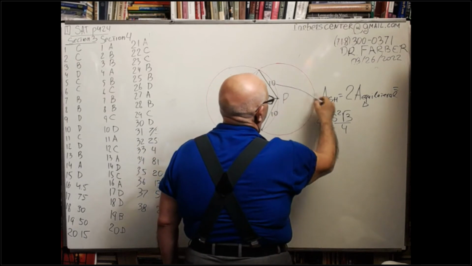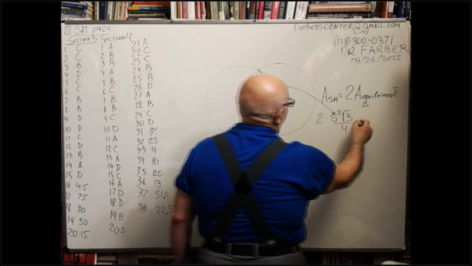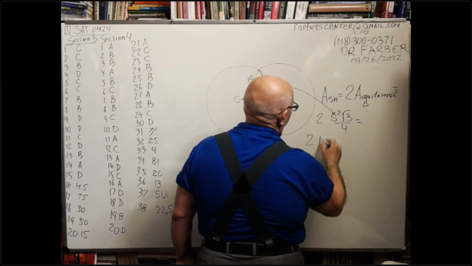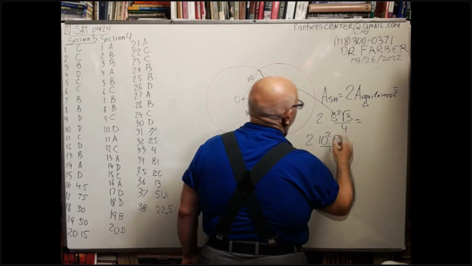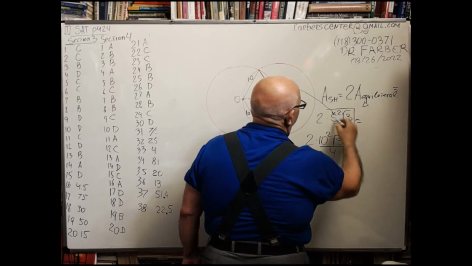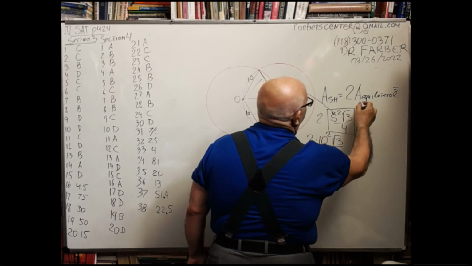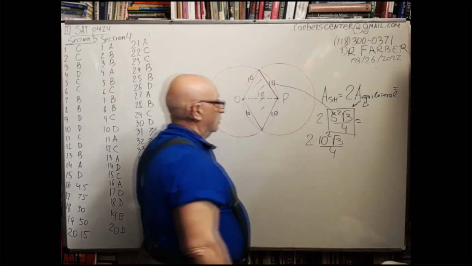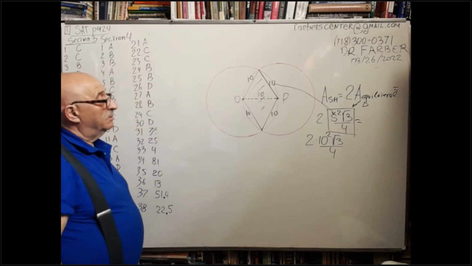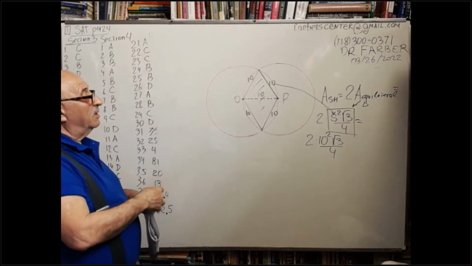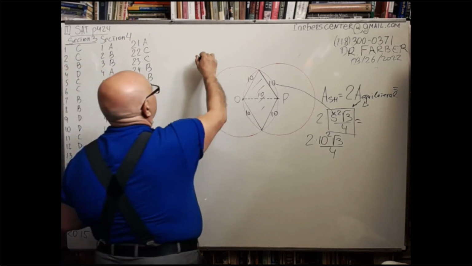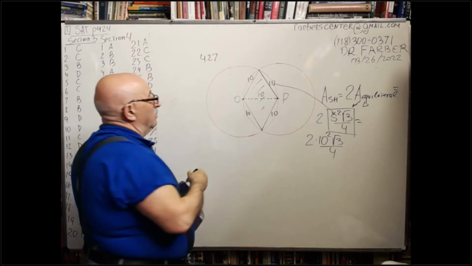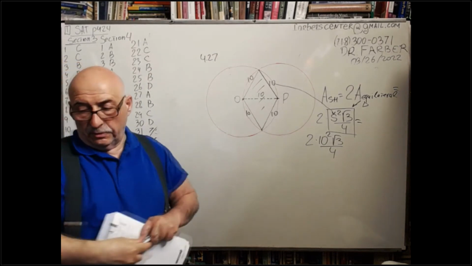Just plug in 10, and I have 2 times 10 squared square root of 3 over 4. This is a very convenient formula for SAT prep. Many steps, it's actually a one-line problem. And this number is worth 427. So far, so good.